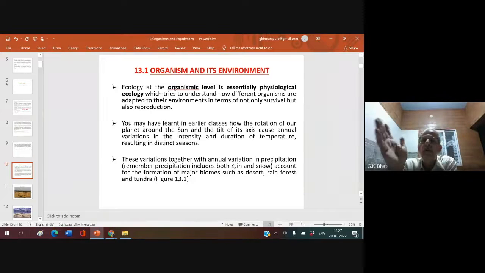If we study ecology with reference to human beings, it is the organismic level of ecology. How this animal lives, what this animal does for a successful living. Okay?